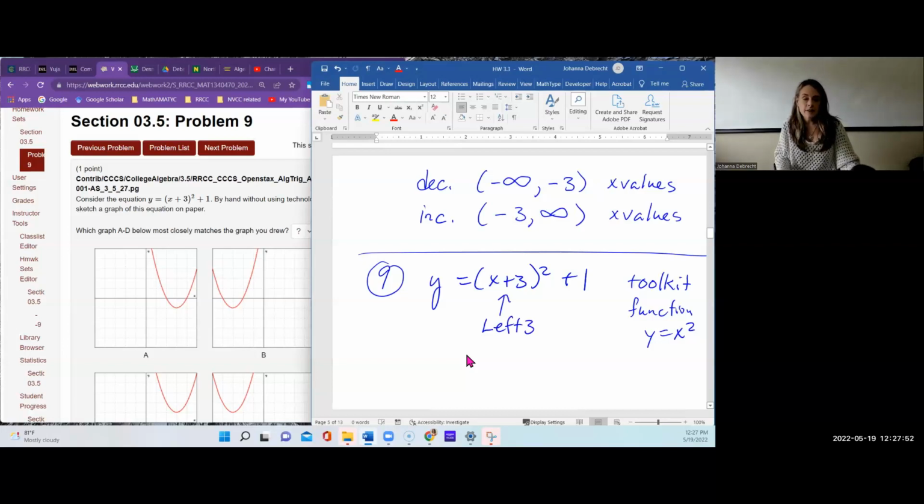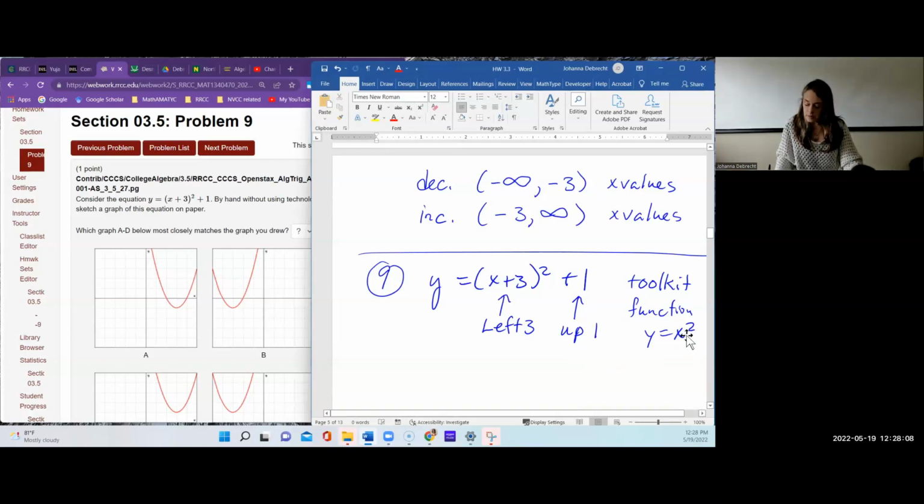Remember, things inside the main operation or the notation affect x, and they always do the opposite to what you expect. This +1 is outside the square, so it affects y and does what I think it should do, which moves it up 1.